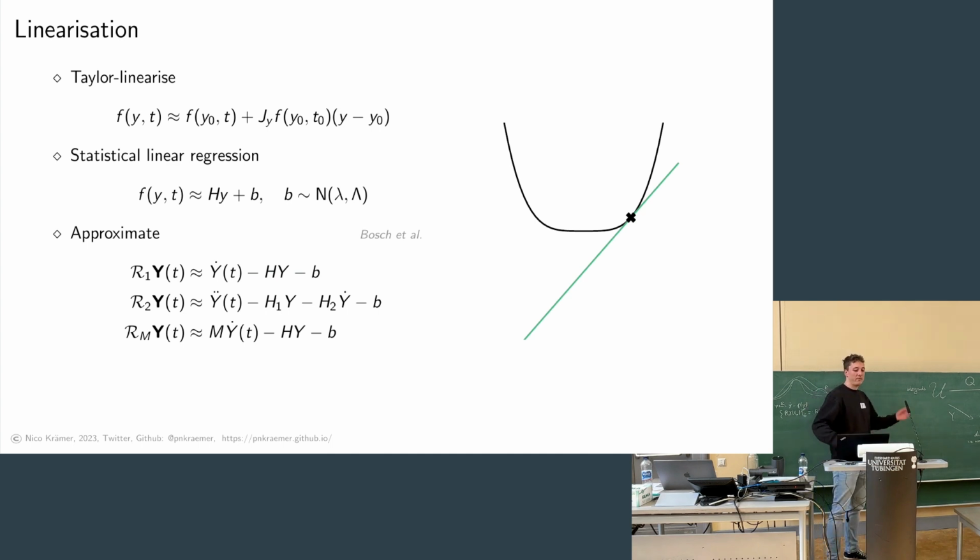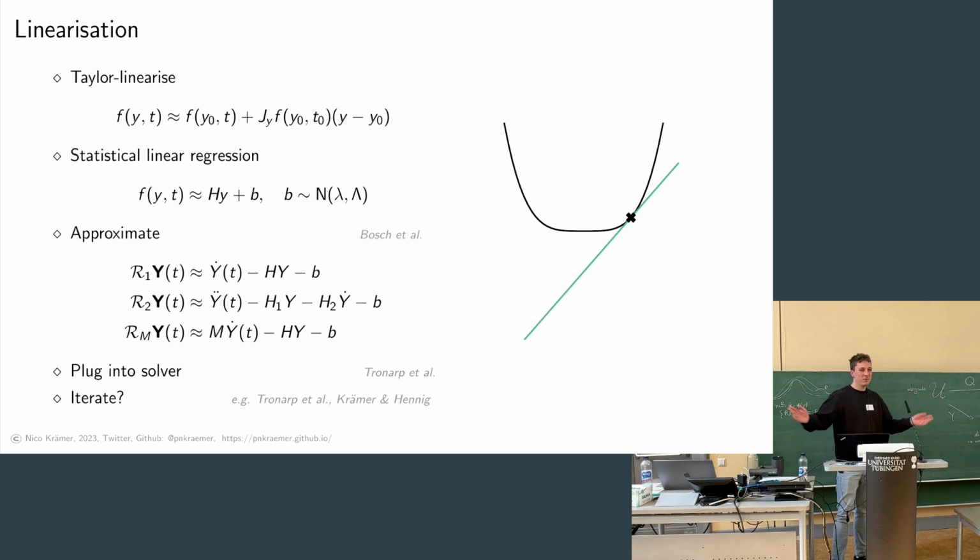So we have a mass matrix. So what is our information? Our information is M times y dot minus whatever is left from linearizing the vector field. So essentially, once we've linearized our vector field, the whole problem becomes tractable, and we can actually compute solutions. So we plug it into the solver. If we want to, we can iterate. We don't need to. And then we're good to go.